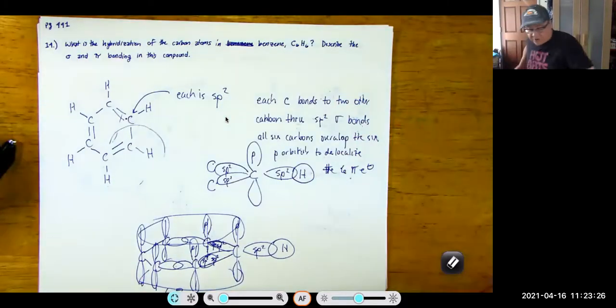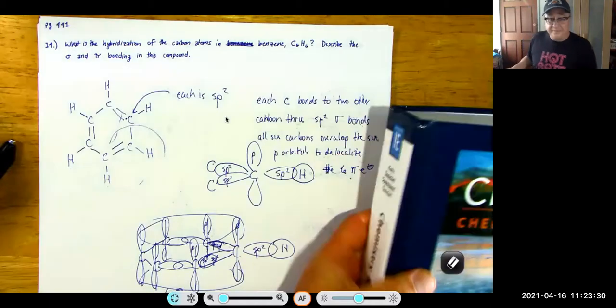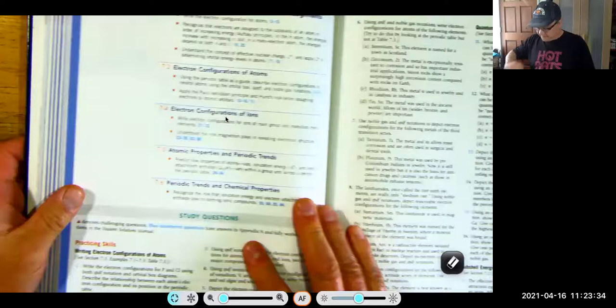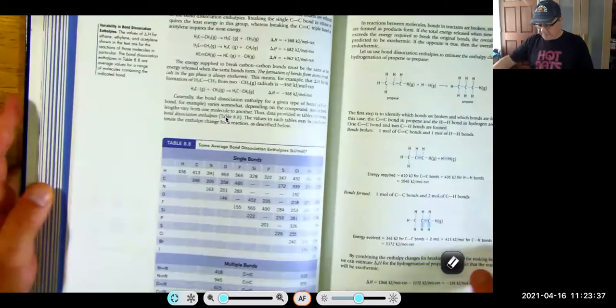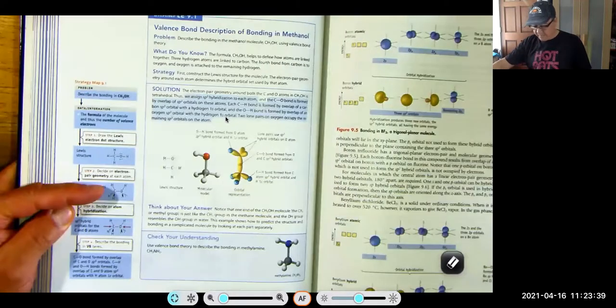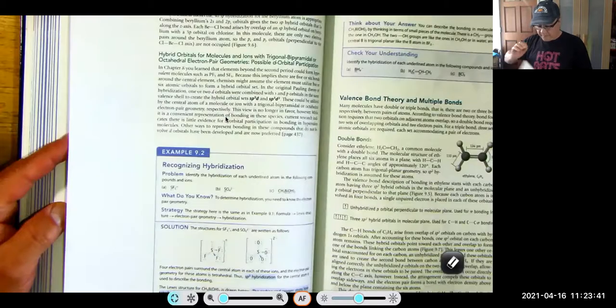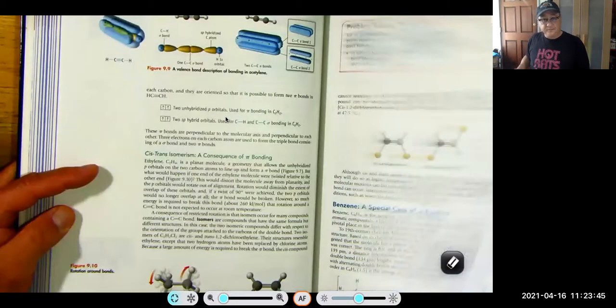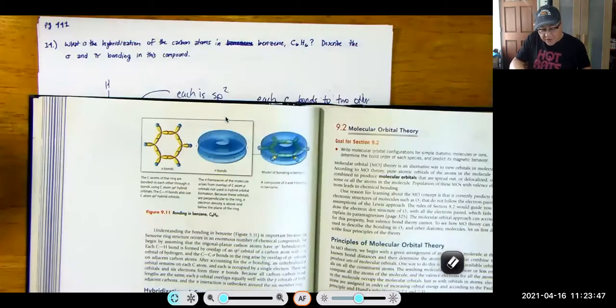And your book has a great drawing of this that I can't do. This is the closest I can come. But here's what your book does. You see the donut above and below?